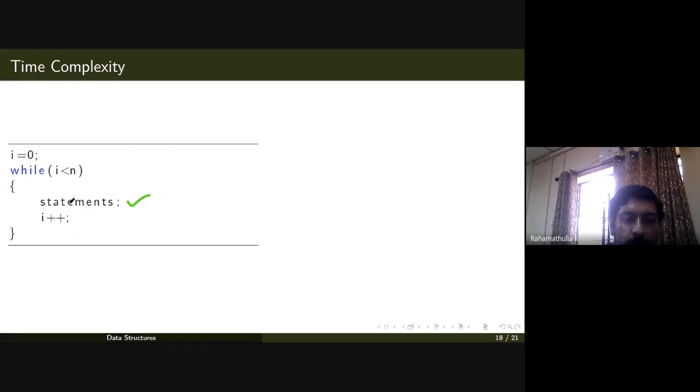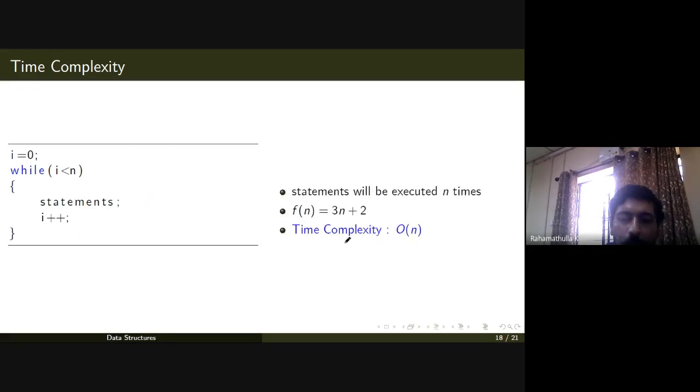I equal to 1, the statement will be executed, and it's again order of n time. There is not much magic happening in the case of any other loop, while loop, do while loop, or repeat until loop. In all the cases, it's very similar to the for loop statements which we have already seen. So f of n equal to 3n plus 2. Once again, the degree of the polynomial is 1, so the time complexity is linear.